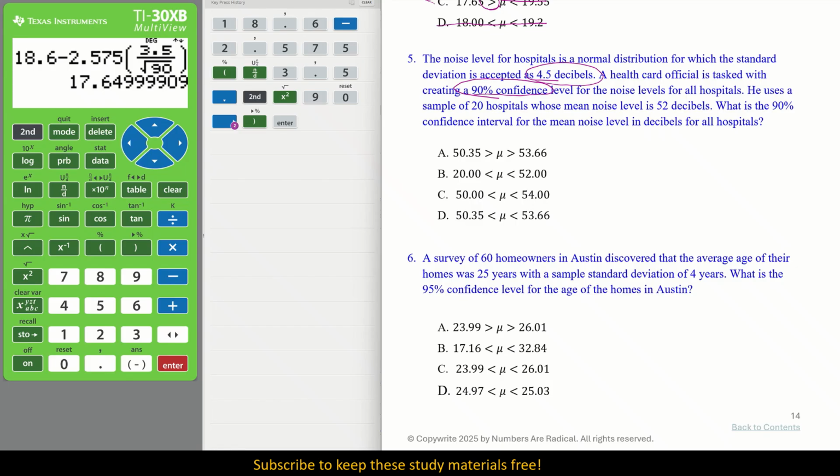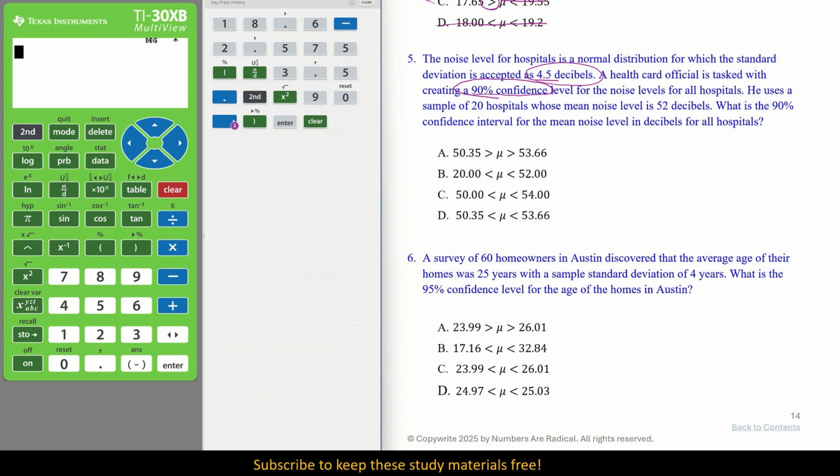Okay, we'll use the same expression. So let's clear this out. I'm going to go ahead and just type it in. Okay, so we're given a mean of 52. Now I am going to subtract first. Now from our table with 90, our z-score is 1.645.